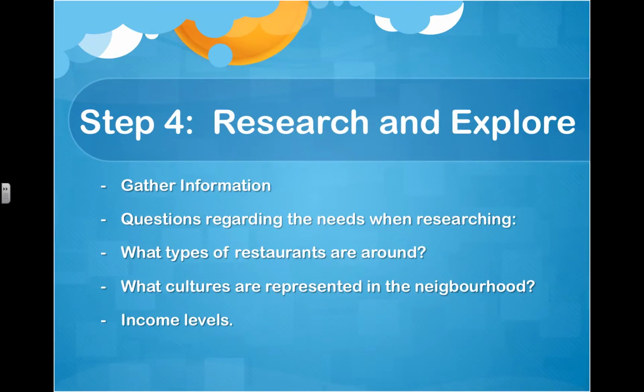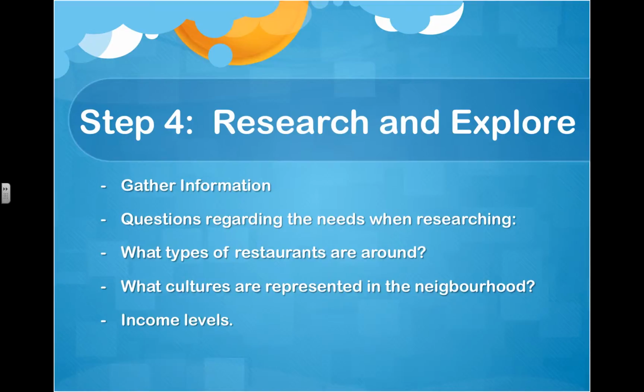Step 4, research and explore. This is the stage where you gather all your information. You need to ask questions when you're researching. What type of restaurants are around already? What type of cultures are represented in the neighbourhood?